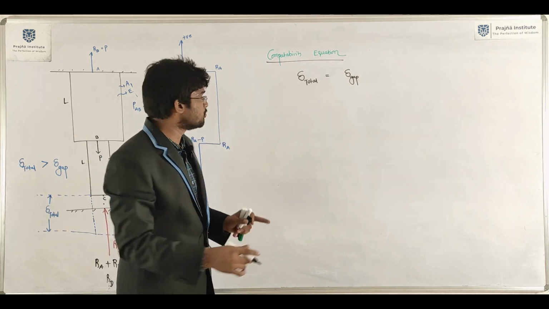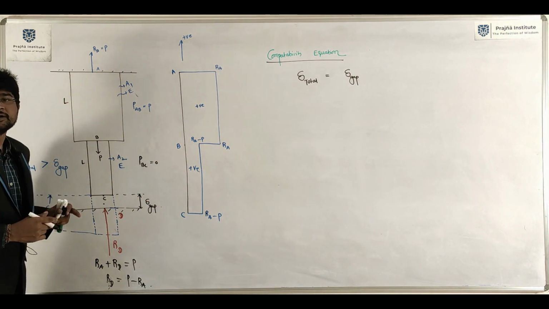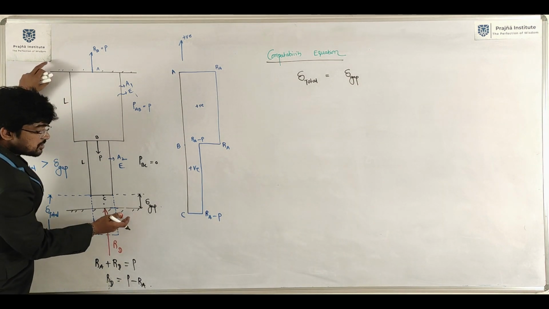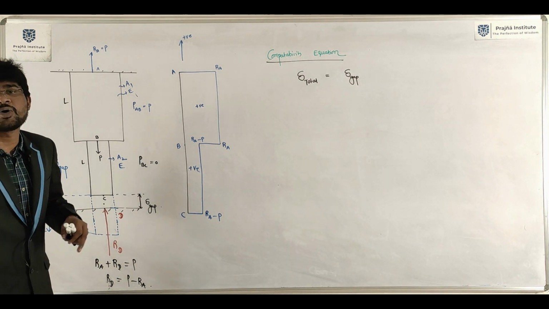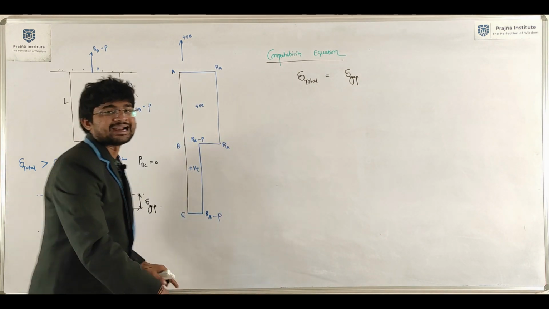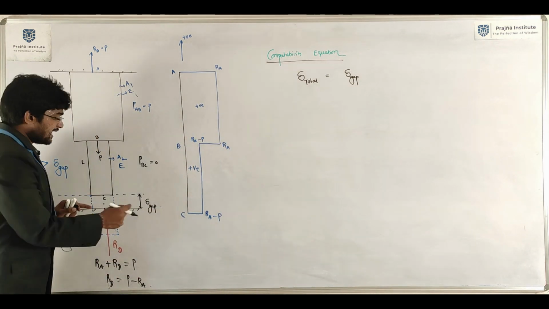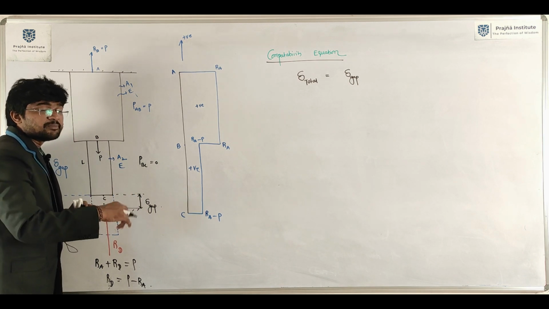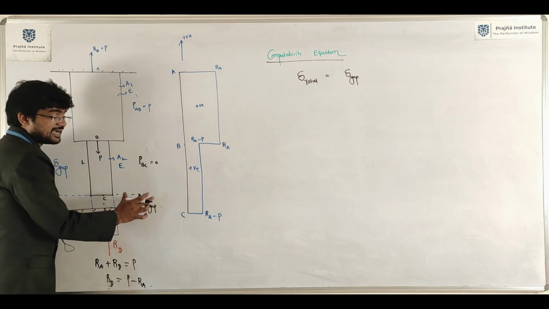In the last case, if both ends are fixed, if these two fixed supports are not at all allowing deformation, that is why delta total equals 0. But in this case, what is the total deformation allowed here? Delta gap.